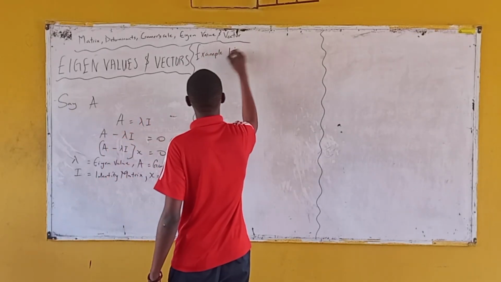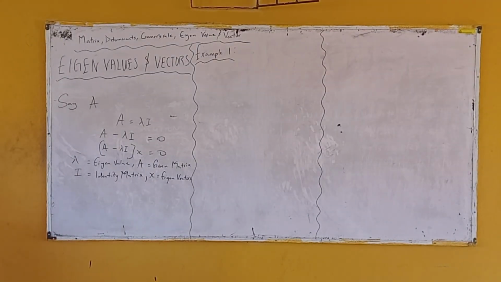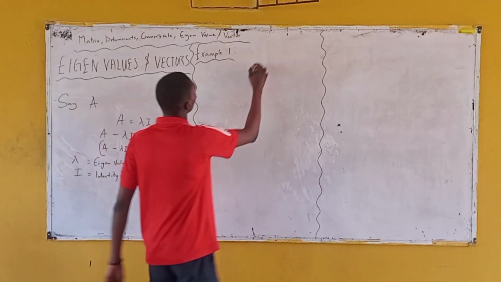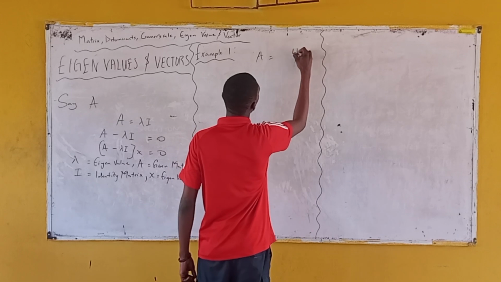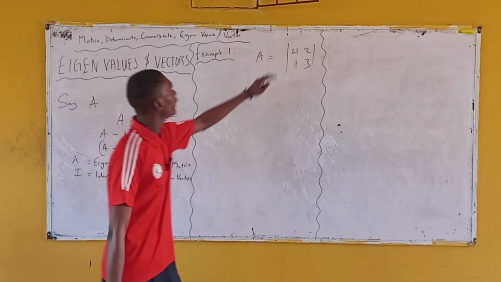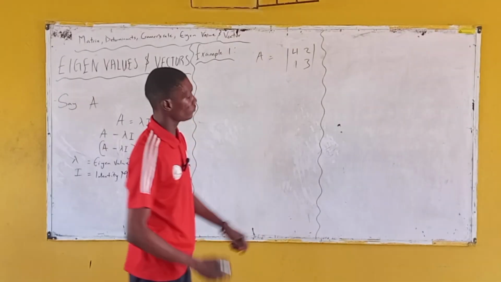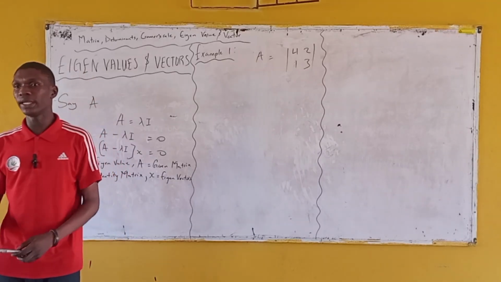Example 1. Say our A is equal to 4, 2, 1, 3. Are we together?